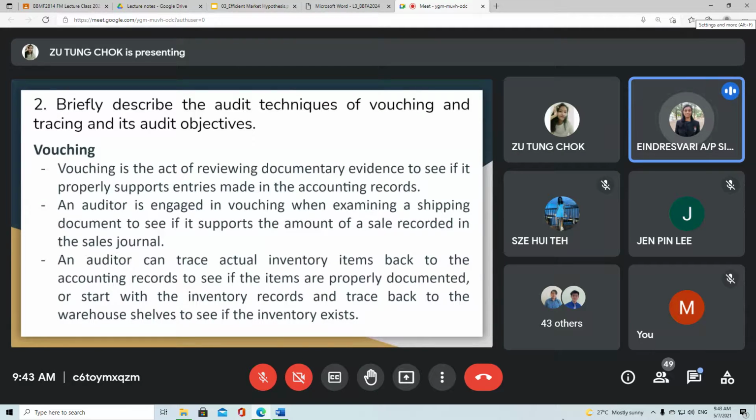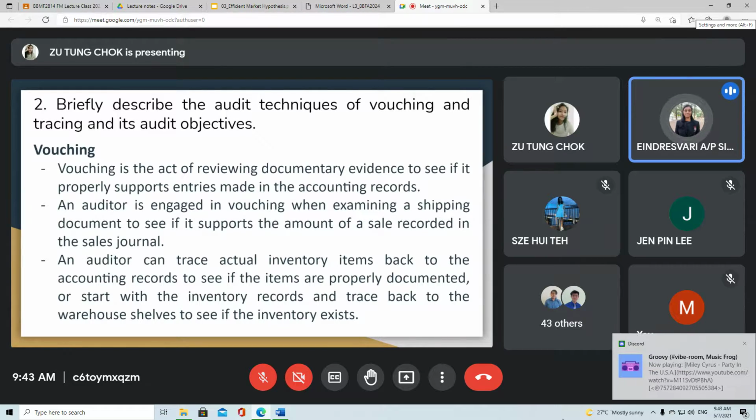Anybody want to try? Just unmute your mic and feel free to speak. Vouching is from accounting record to source document or source document to accounting records?